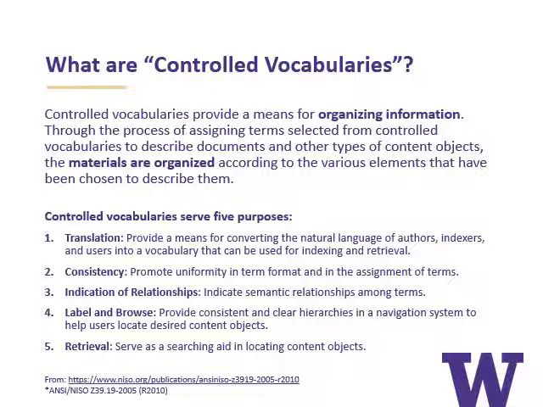Indication of relationships: they indicate semantic relationships among terms. Label and browsing: they provide consistent and clear hierarchies in a navigation system to help users locate desired content objects. And retrieval: they serve as a searching aid in locating content objects.